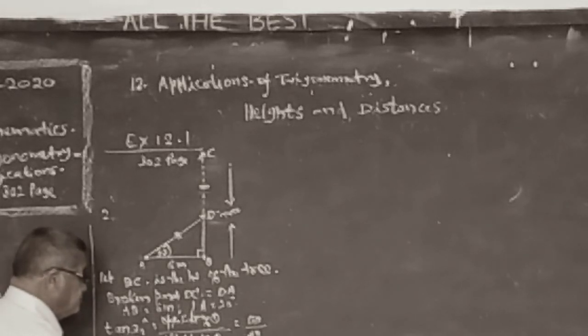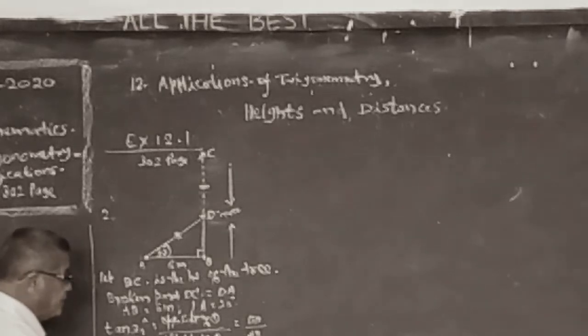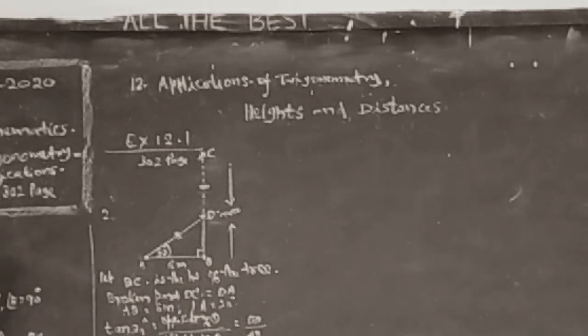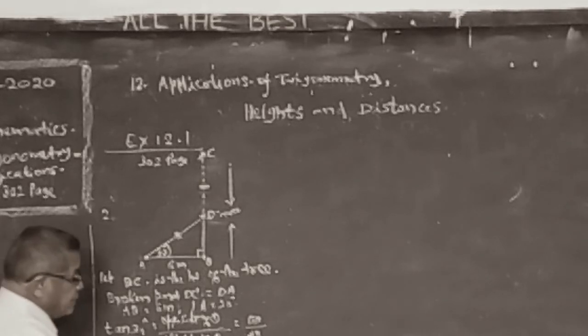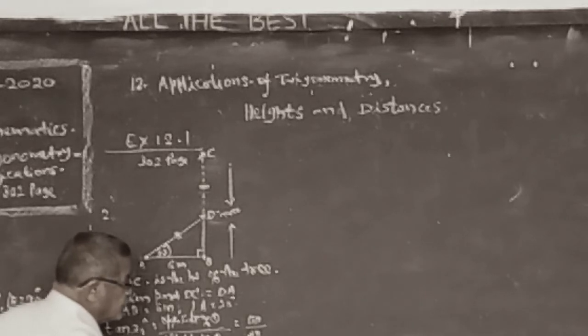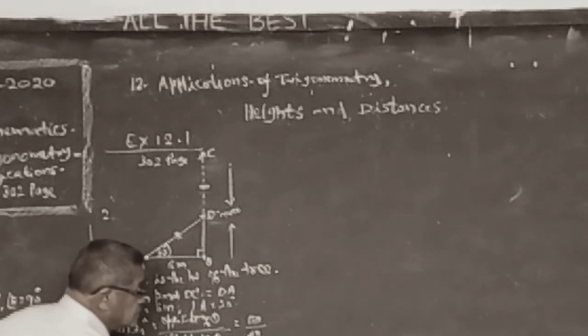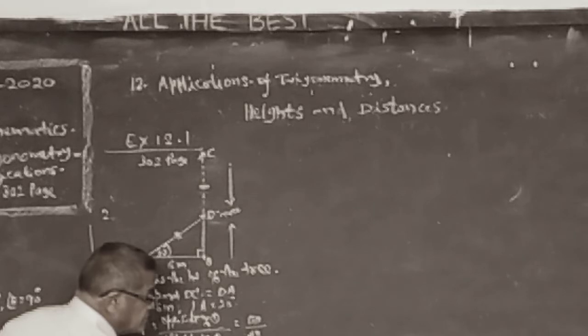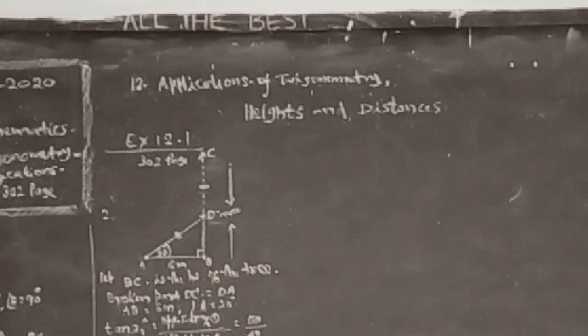BD we have to find, and AB is given as 6 meters. Cross multiplying, BD into root 3 is equal to 6 into 1. So BD is equal to 6 by root 3 meters. This is the BD part.